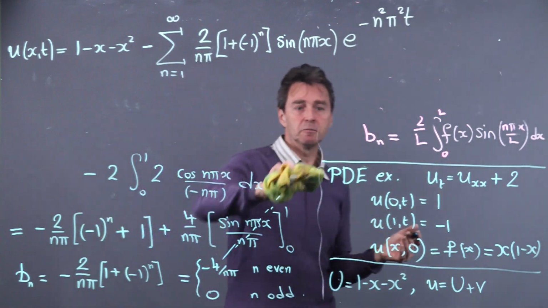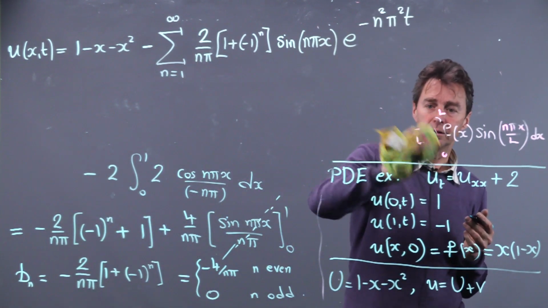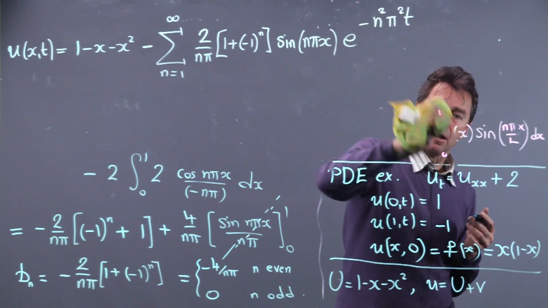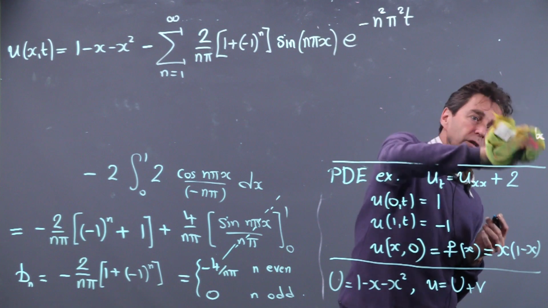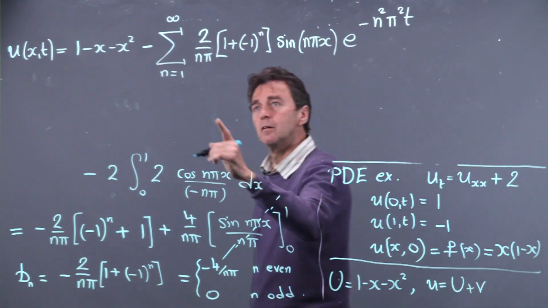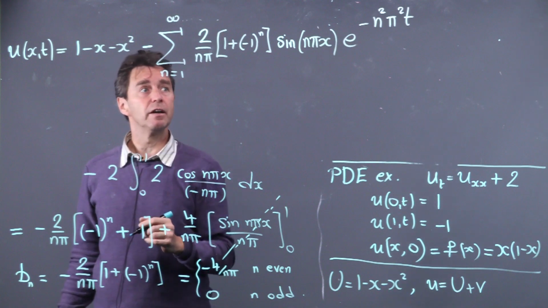And that's the answer. I could be a little bit more compact in the way that I write the answer, because my sum there has half of the terms being 0. Right? This is really only a sum over the even values of n.